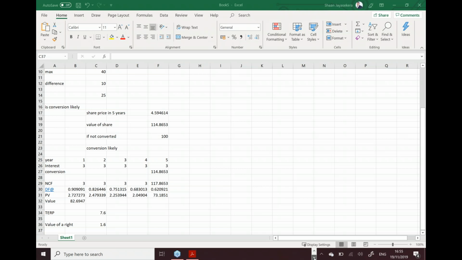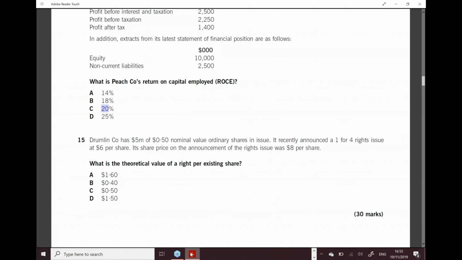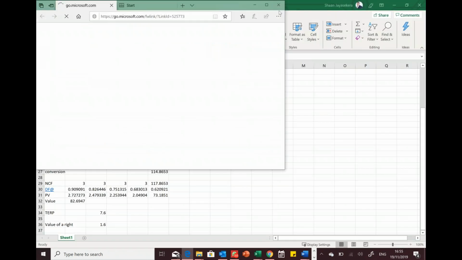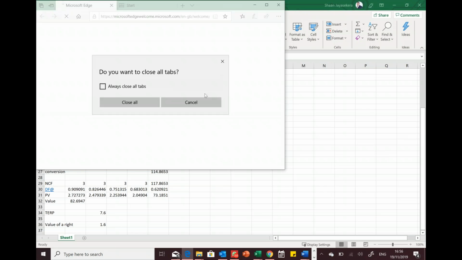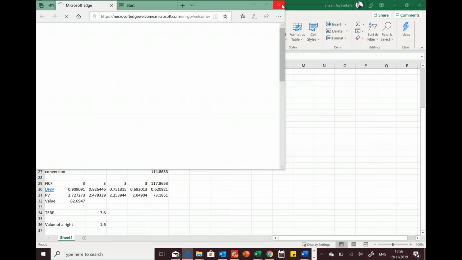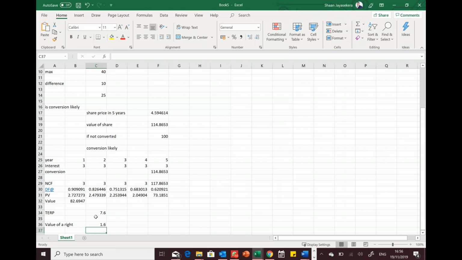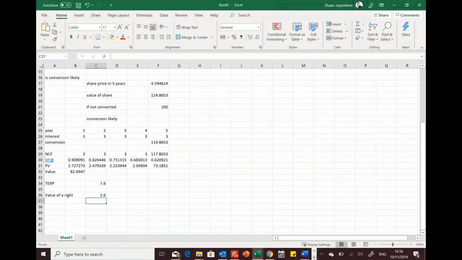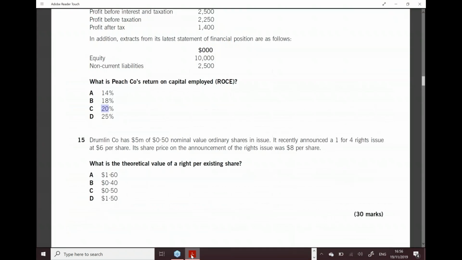0.4. Oh, they're asking the value per, sorry, they are asking the value per share, right? So yes, 1.6 is correct. Yeah. So they're asking for the value. If we look at this question correctly, they're asking us what is the theoretical value of a right per existing share.